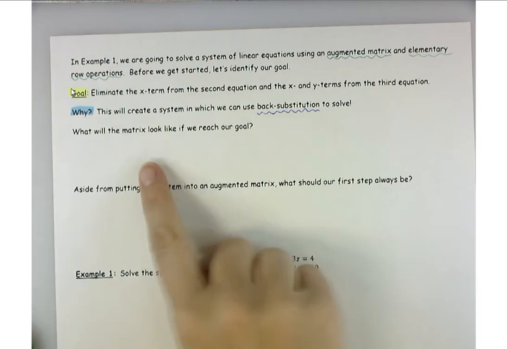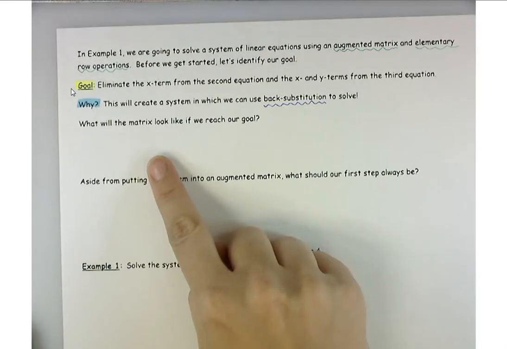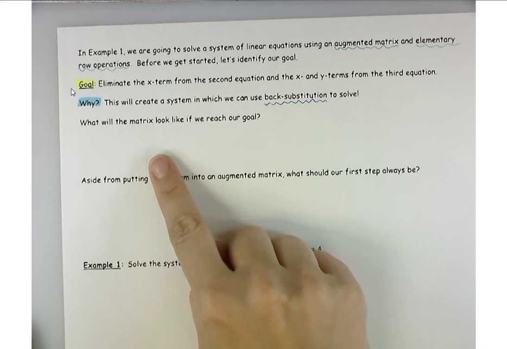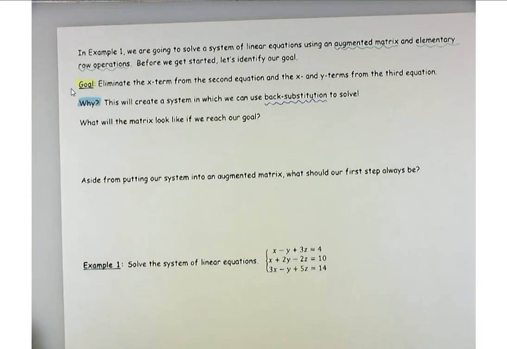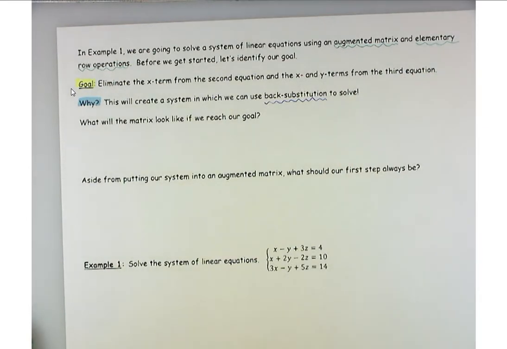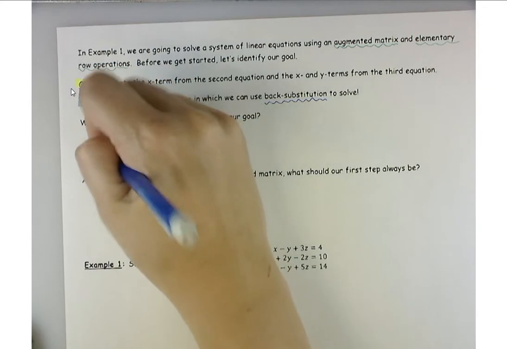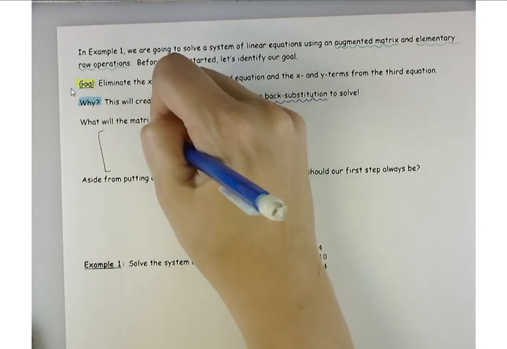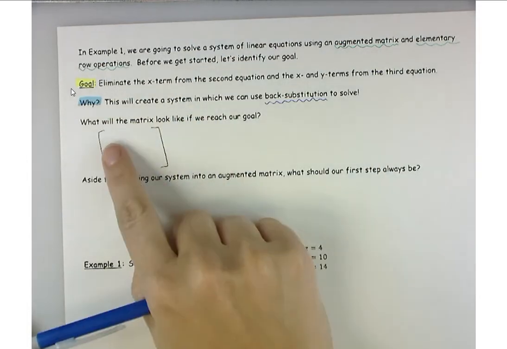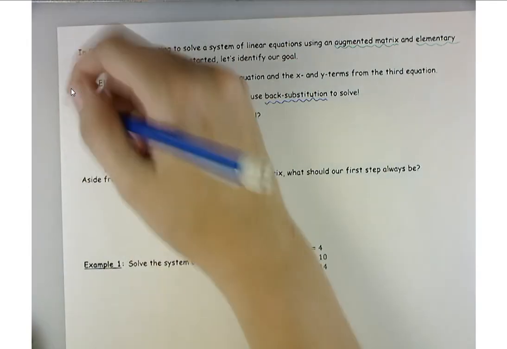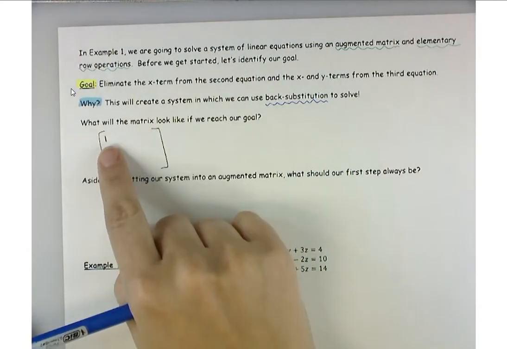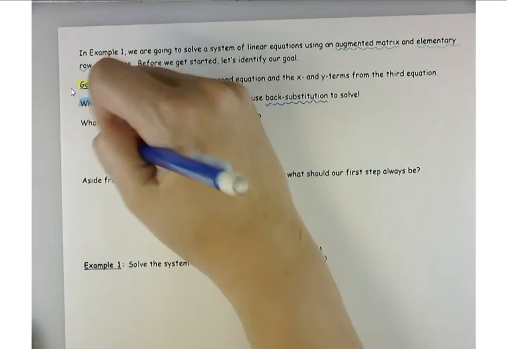So let's think about what our matrix will look like if we reach our goal. So if we want to eliminate the x term from the second equation and the x and the y terms from the third equation, let's think about what our matrix is going to look like. Okay, in the first row, do I have an x and a y and a z? Yes, I have everything. So you are going to want a 1 right here for your x. And then the rest of them can be filled with any number.